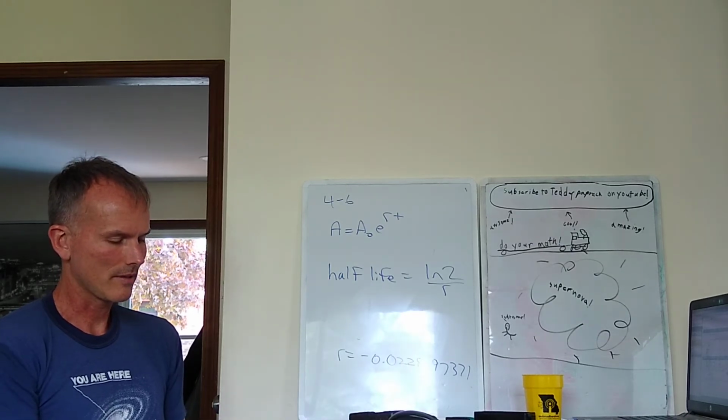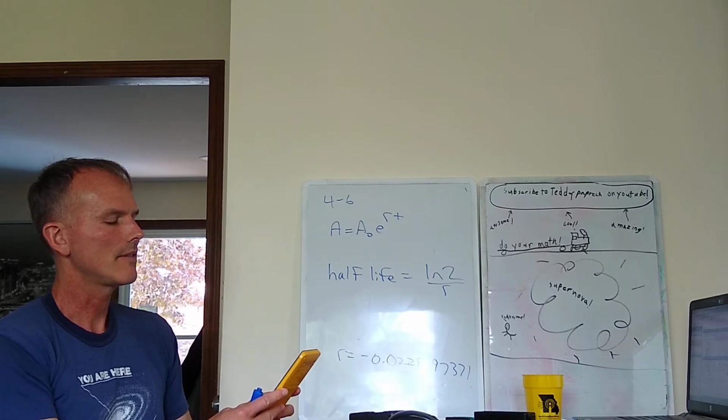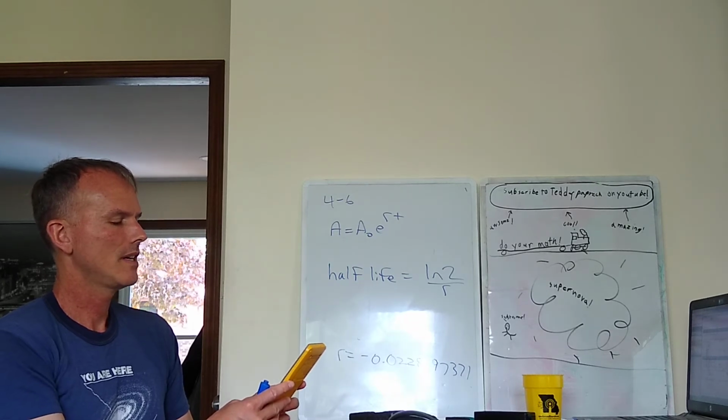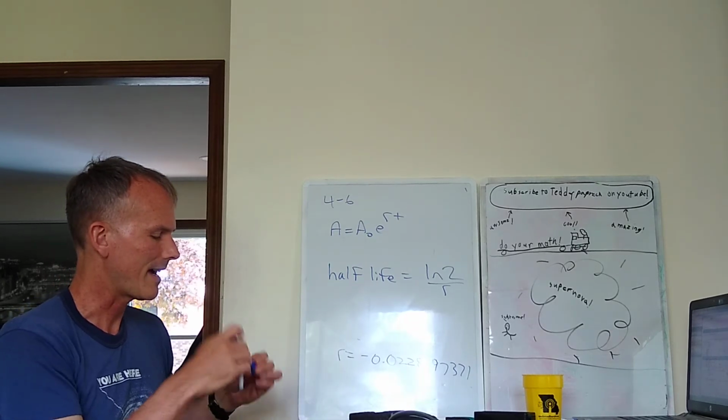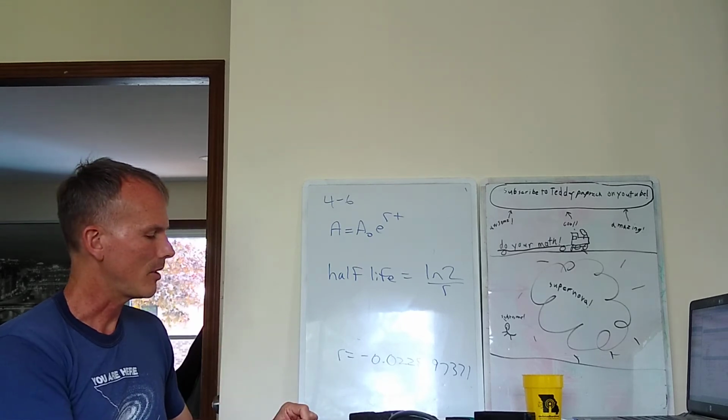I'm going to type in log 2 divided by my answer, and I got 30 for my hours. Now, it says negative 30 on here, and that's going to be okay.